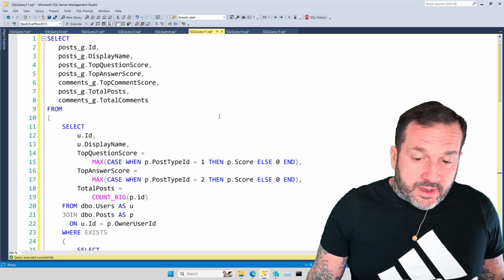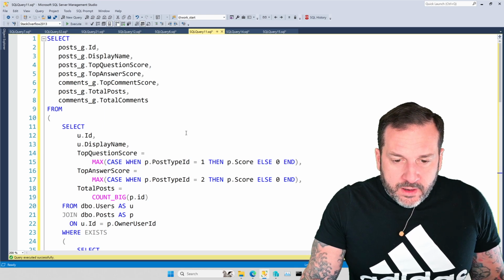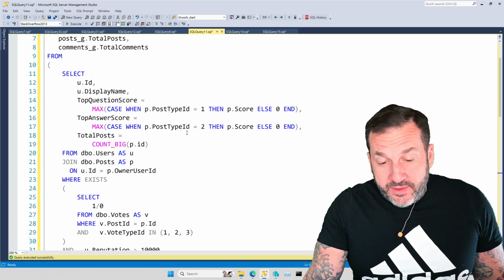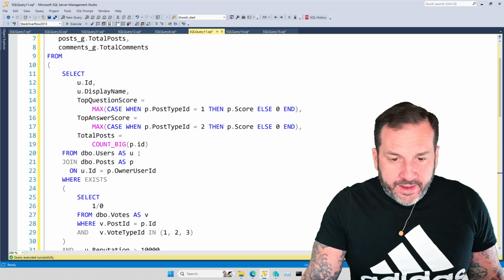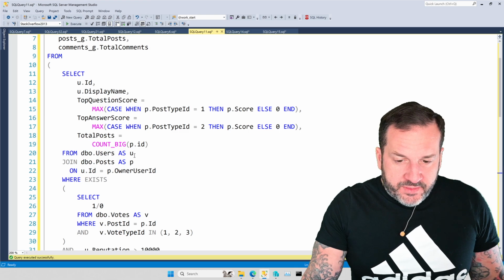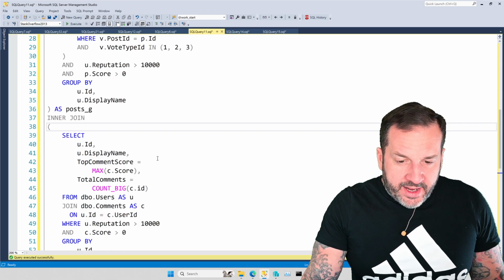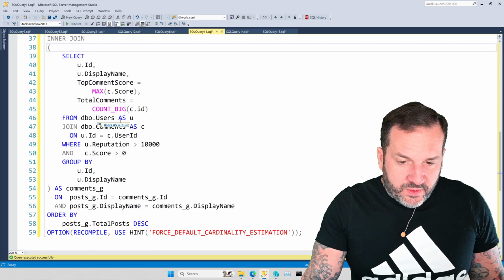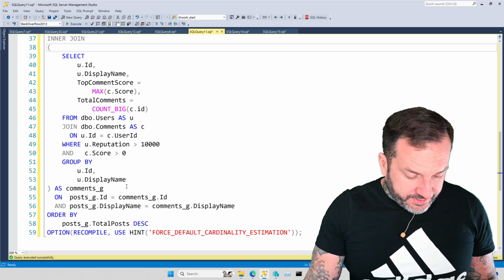Joe Obish's attempt at a rewrite is this one, where rather than using a temp table, he uses two derived selects in this way. So in the first one, he joins from users to posts with the existence check here and takes care of all that. And then he does an inner join down here between users and comments and does all the right grouping and stuff in there, and then joins the two derived tables back to each other.